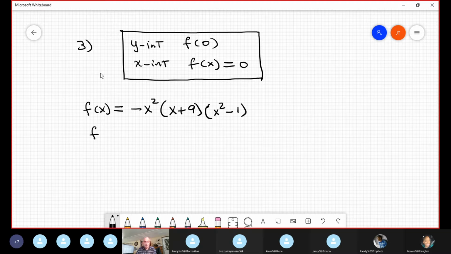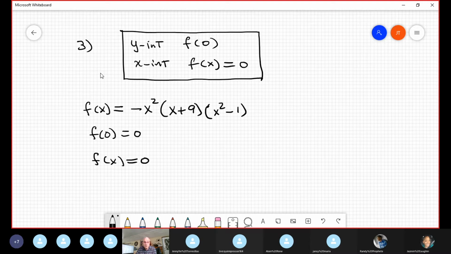Okay, you evaluate at 0. 0 squared is 0. 0 multiplied by anything is 0. I don't care about the negative sign because 0 has no sign. Okay, now the second part is when you force it to be 0.